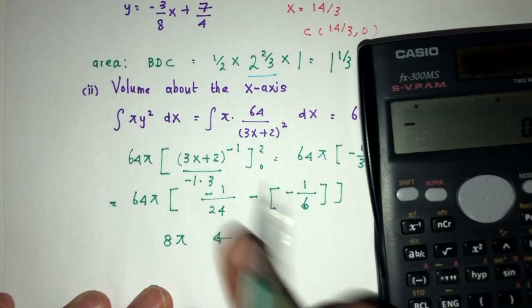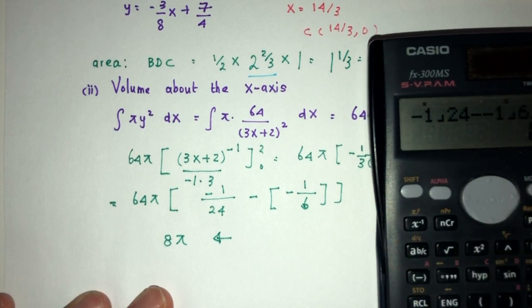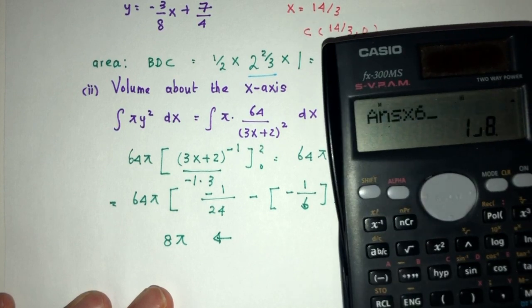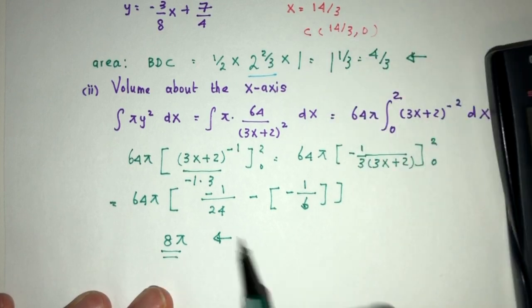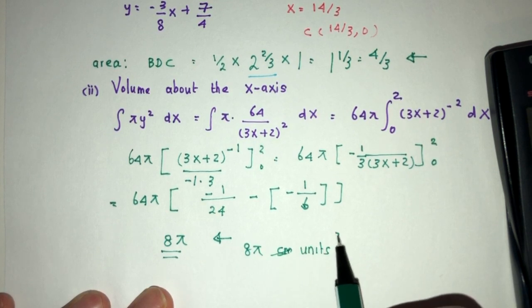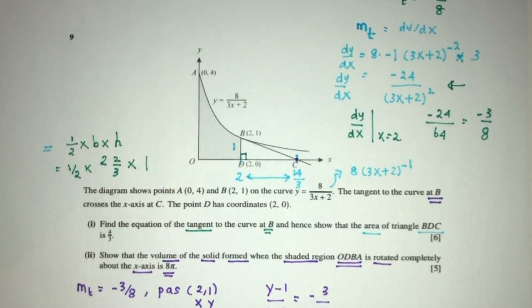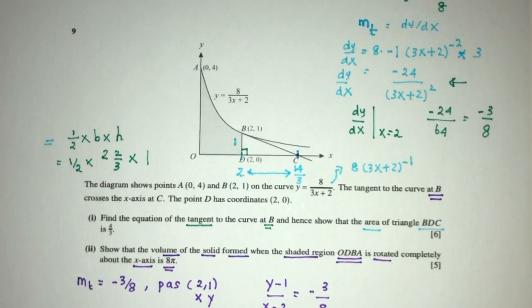So again, minus 1 over 24 minus 1 over 6 will be this value, and times 64, that will be 8. So 8 pi will be the volume required for your answer. 8 pi units cubed for the volume of this area that we are trying to rotate along the x-axis.